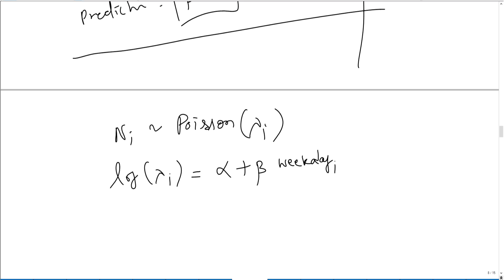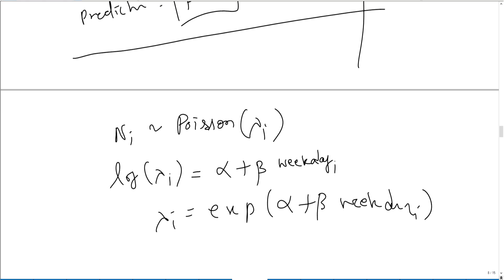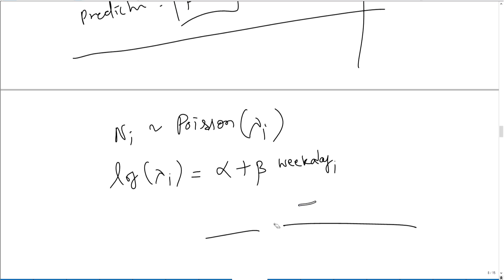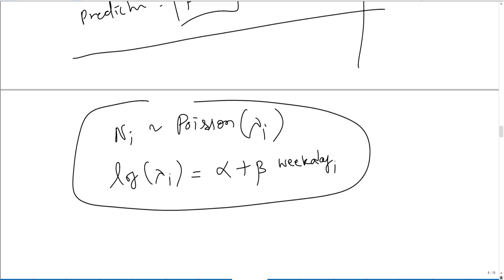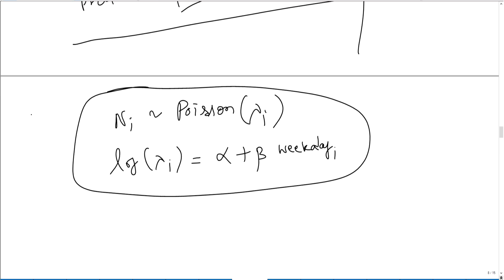Now, another way to write the same thing is lambda i equals exponent of alpha plus beta into weekday i. What this will do? Basically, you are taking the exponent, so this value is always going to be positive, right? That is the point. So, this will take care of that constraint that lambda has to be always positive. So, this is called a Poisson regression model.